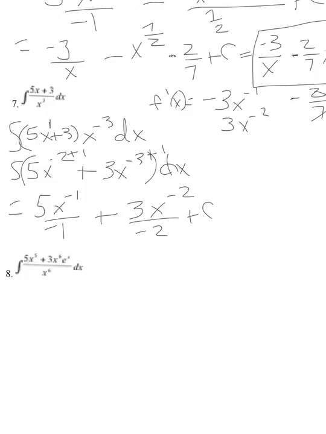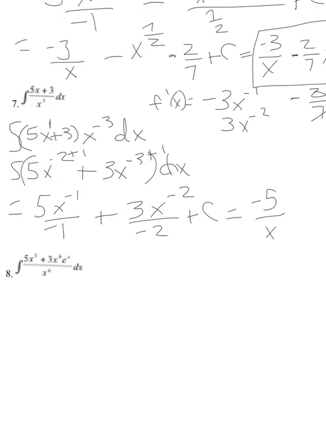Now, we got to do a little cleanup. I've got a positive 5 on top, divided by a negative 1 on bottom. What's that going to turn into sign-wise? Negative 5, and then I can leave it as x to the negative 1, or I can put the x in the denominator and give it a positive 1 as an exponent. Perfectly okay, either way.